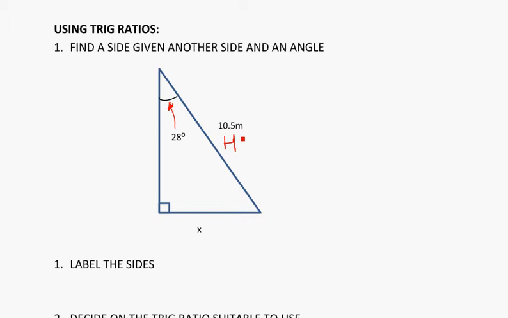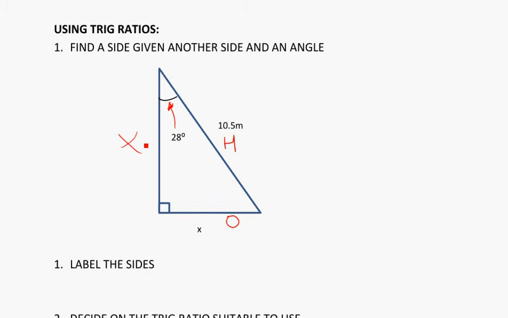We'll put an H on that. It's always good to do this in a different colour. The side opposite the angle is what we have to find, so we'll put an O there. Now we have no information on this side and we don't have to find it, so we do not label it. Okay, so you label 2 sides.